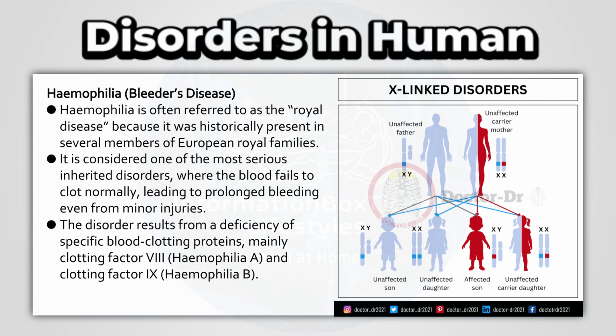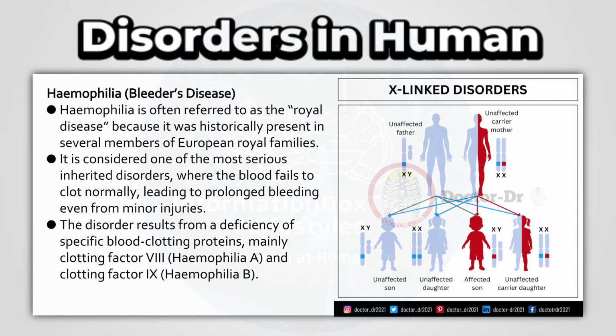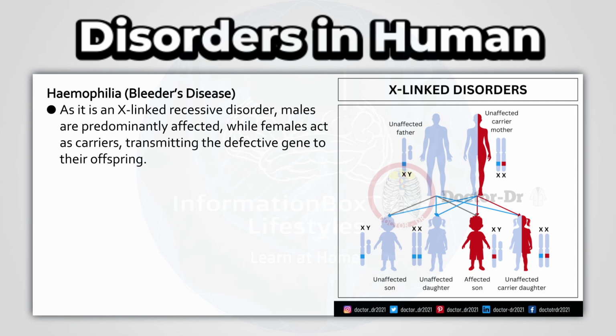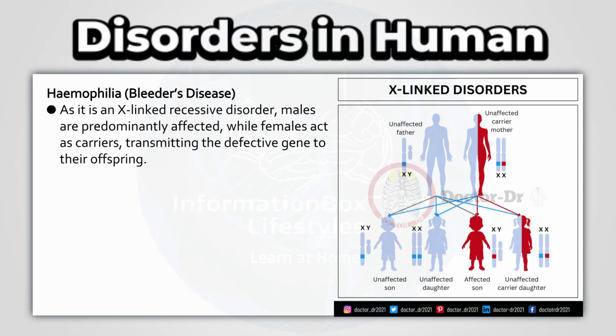The disorder results from a deficiency of specific blood clotting proteins, mainly clotting factor 8, hemophilia A, and clotting factor 9, hemophilia B. As it is an X-linked recessive disorder, males are predominantly affected, while females act as carriers, transmitting the defective gene to their offspring.